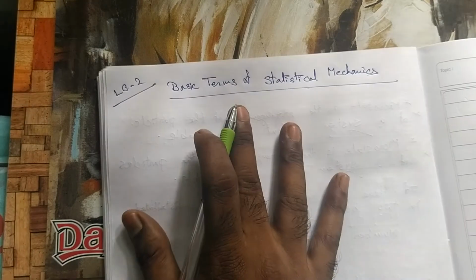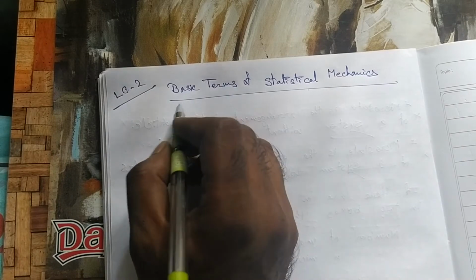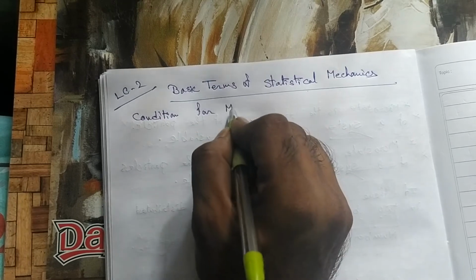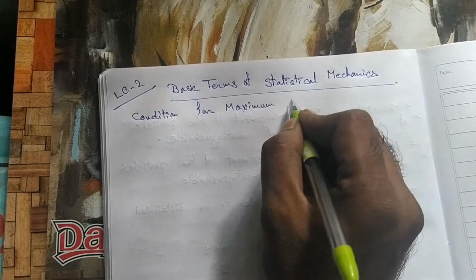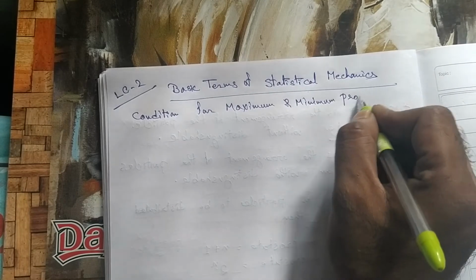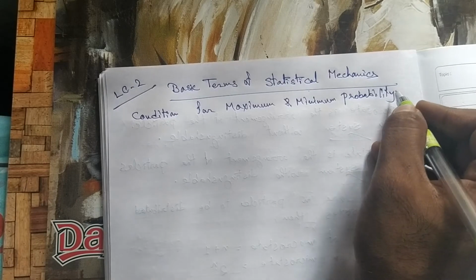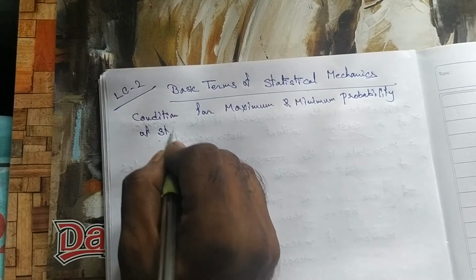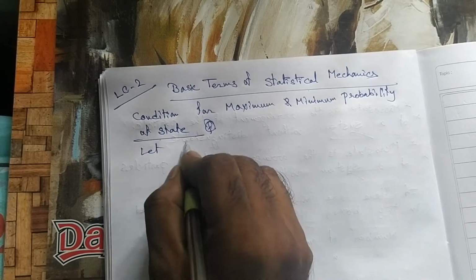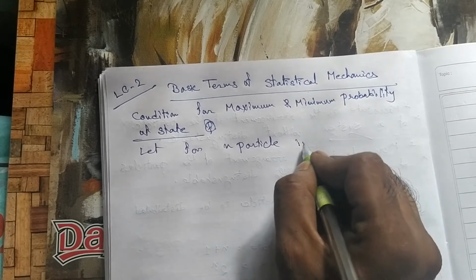In this lecture, we try to develop the condition for the maximum and minimum probability of a state, let us take n particles in two boxes.